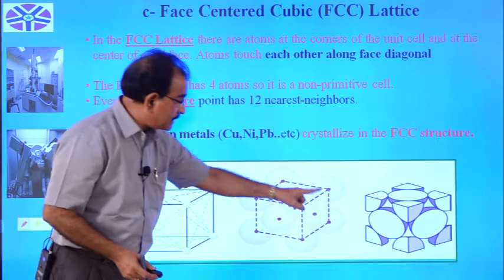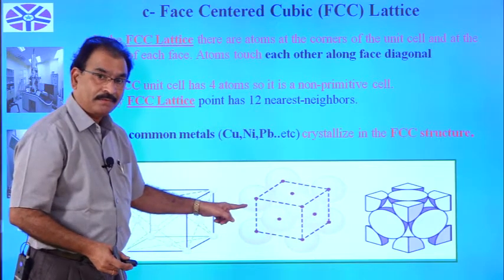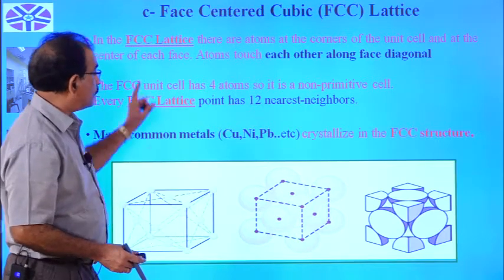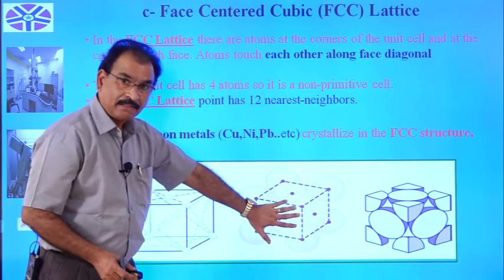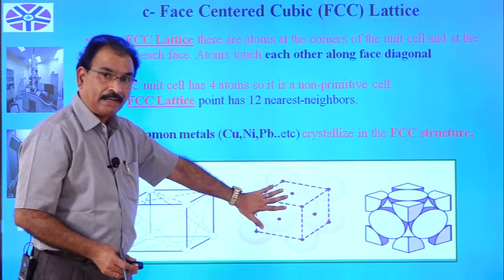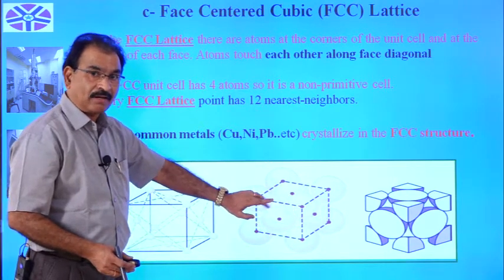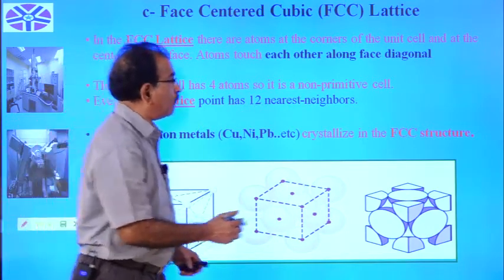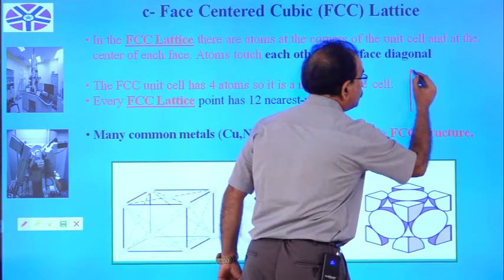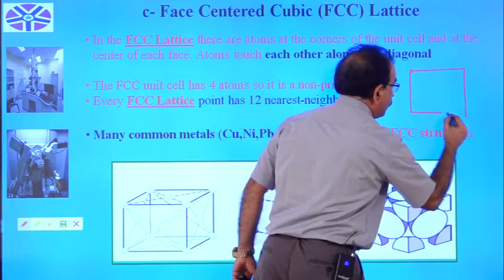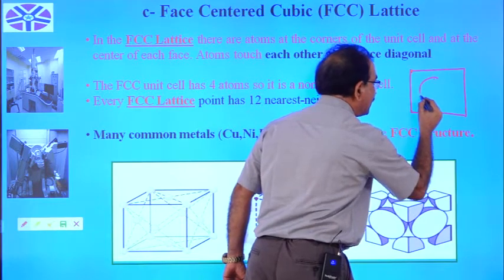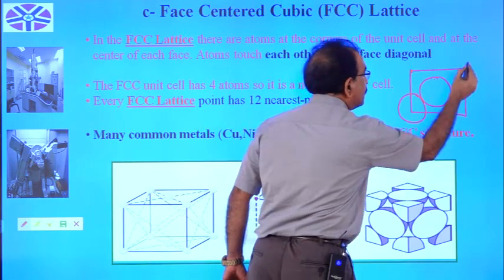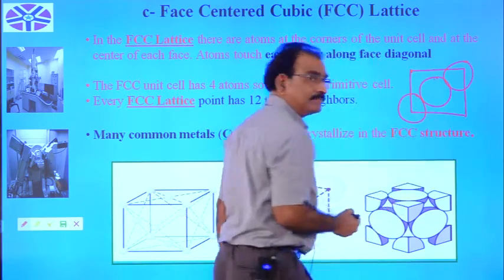But actually it is like this. So, what is this? Let me explain. If we take one face, as I said earlier, atoms are touching each other along the face diagonal. Let me show you once again. If I take one face, we have an atom in the middle, and there is an atom at this corner and at this corner.